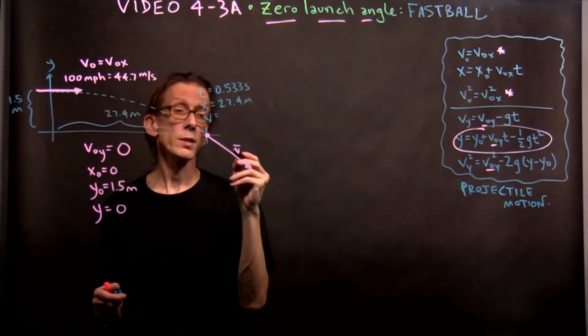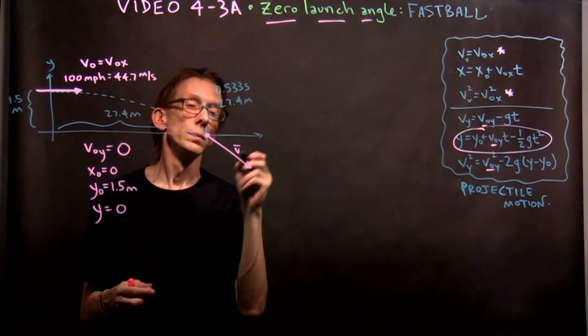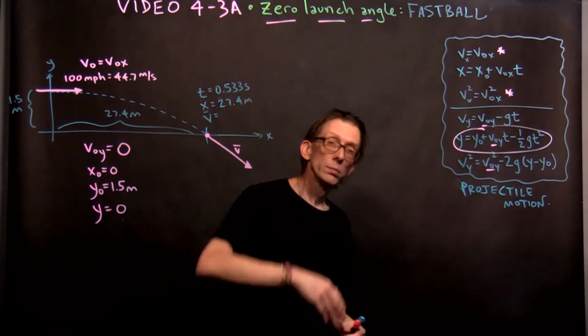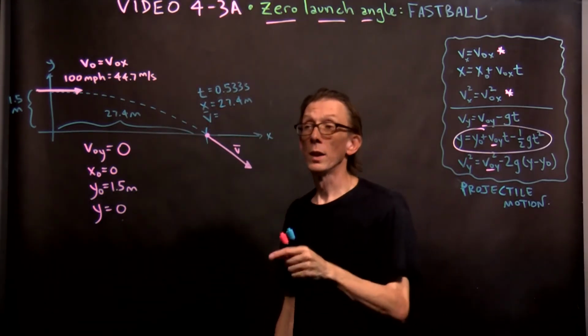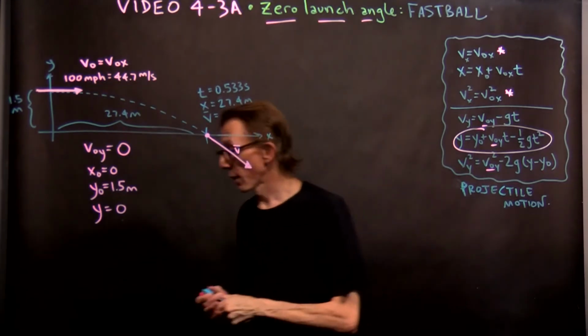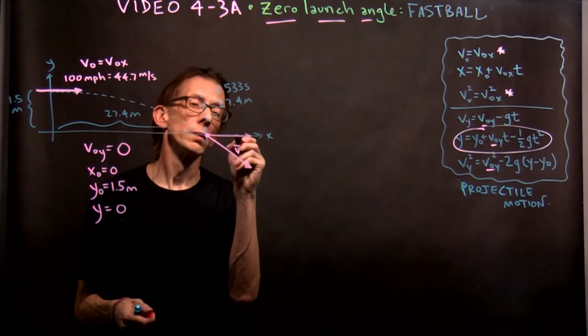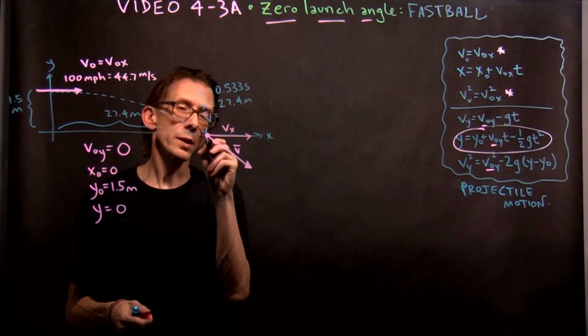And we extend the x-axis a little bit here. So just like the eagle, coming down, it had a velocity vector down and to the right. Well, so does the ball when it hits the ground. It's got an x part here. It's got a y part here.